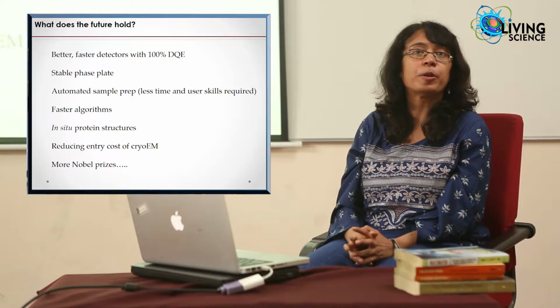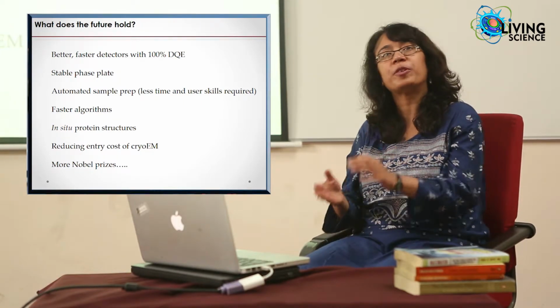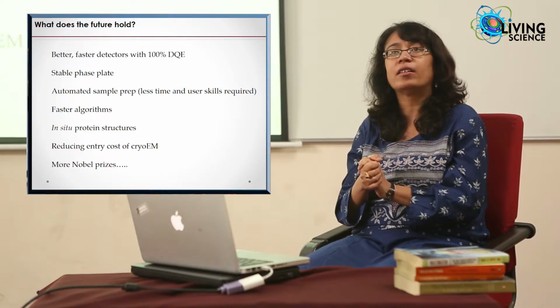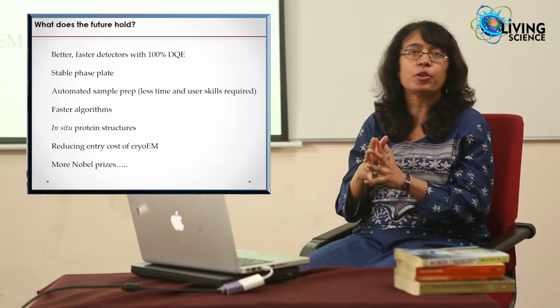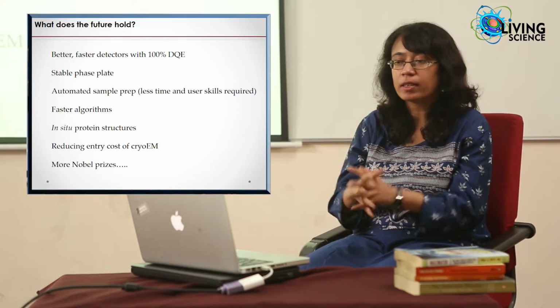So what does the future hold for cryo-electron microscopy? Even better, faster detectors with 100% DQE if possible, stable phase plates which can lead to images with high contrast, automated sample preparation methods, because sample preparation is still fairly manual and requires a lot of user skill.